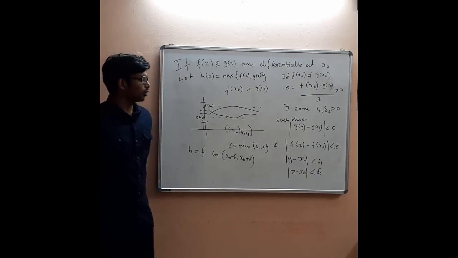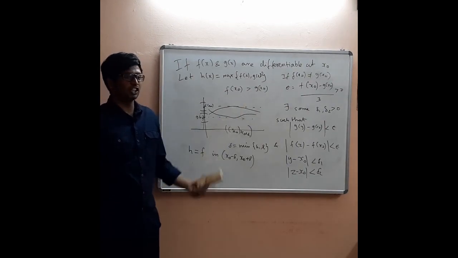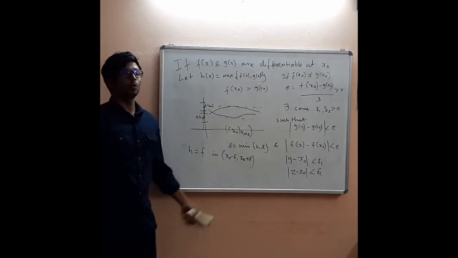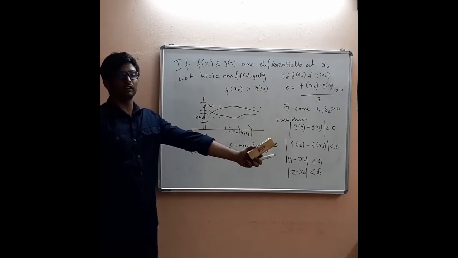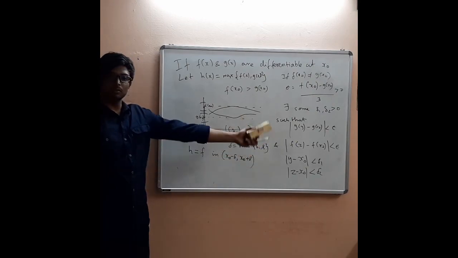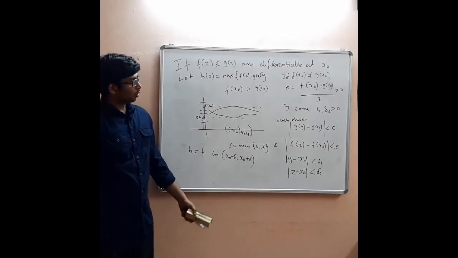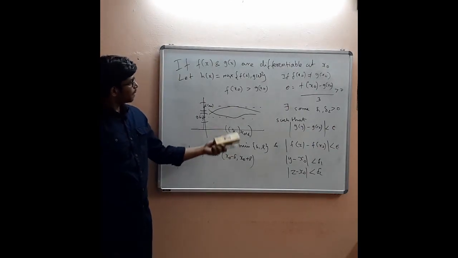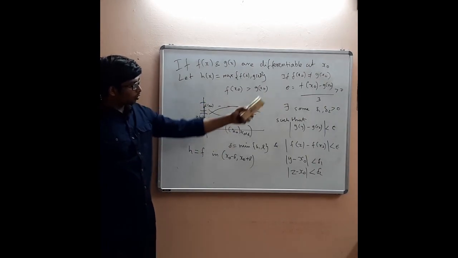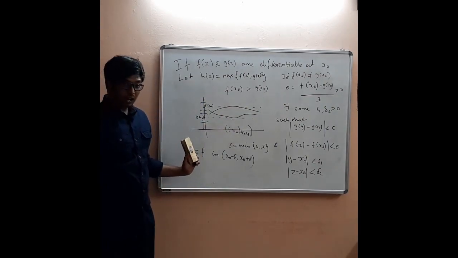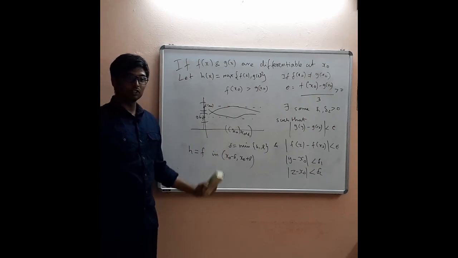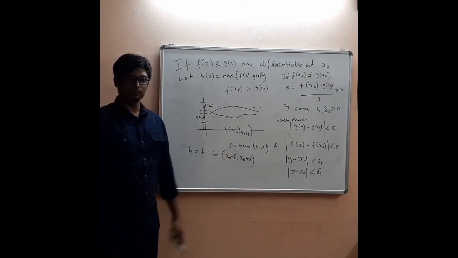No, you can't say that. You can give a simple counterexample. If both f and g are equal, you have only one function. h will be f of x, and since f is differentiable at x naught, h is differentiable at x naught. So in that case it depends. But when f of x naught is not equal to g of x naught, you can say with 100% assurance that h will be differentiable at x naught. So that's it. Thank you everyone.